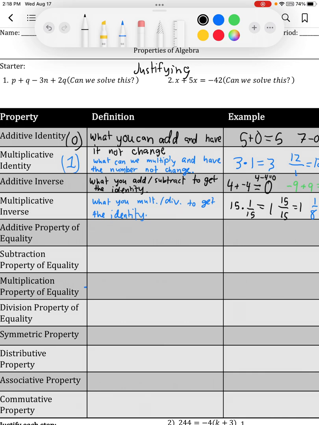The addition property of equality specifically says we may add the same thing to both sides of an equation and it won't change.